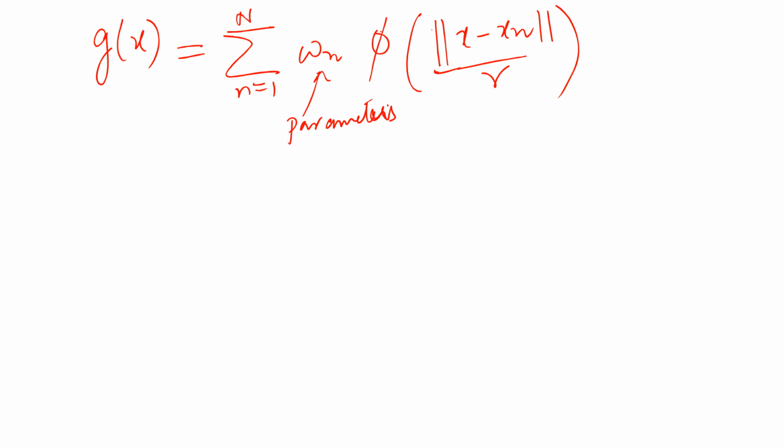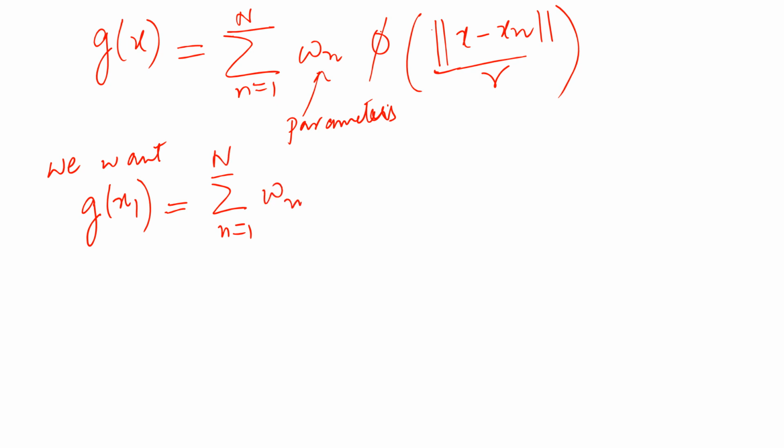And what do we want out of this equation essentially? We want that, let's say there is a point x1, and so I should have g(x1). In practice, this is what's going to happen, right? I'll have this equation and w_n.